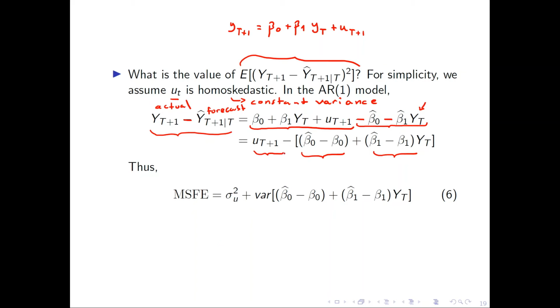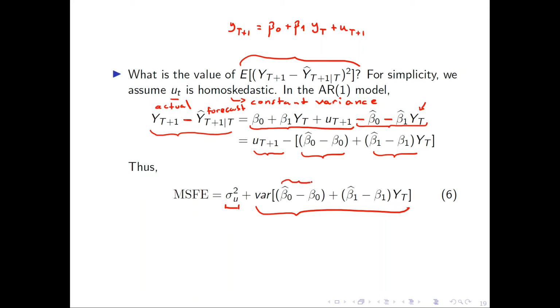So the mean squared forecast error, if we take the variance of this, we see that we have this, which is the population residual regression error, and we have this term, which is the estimation error.